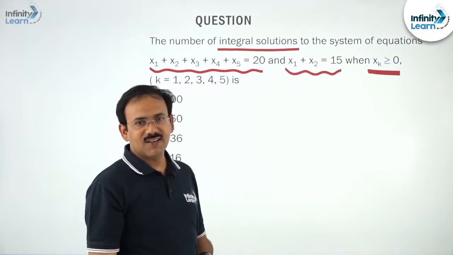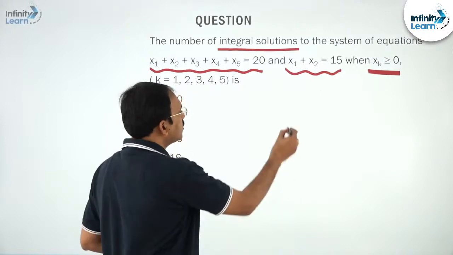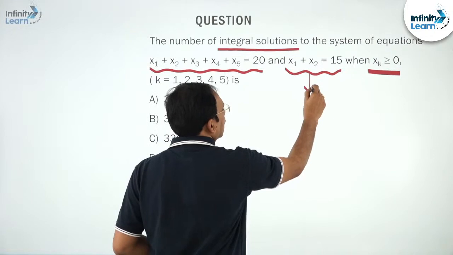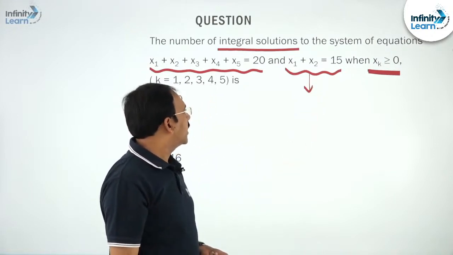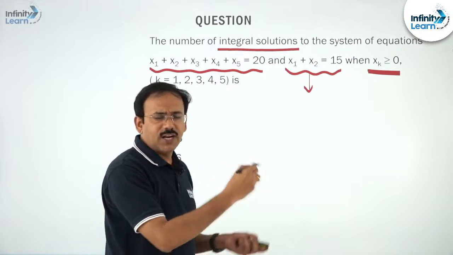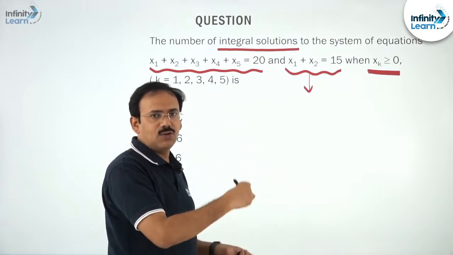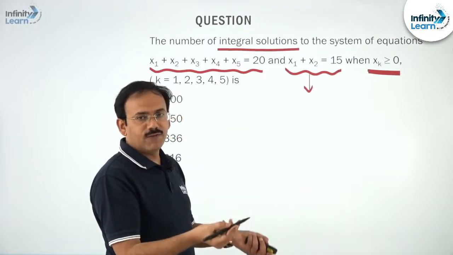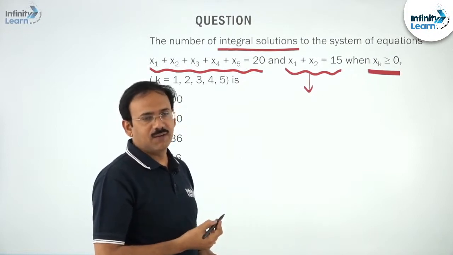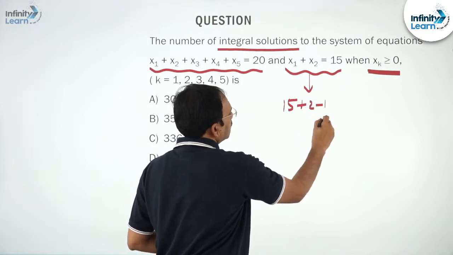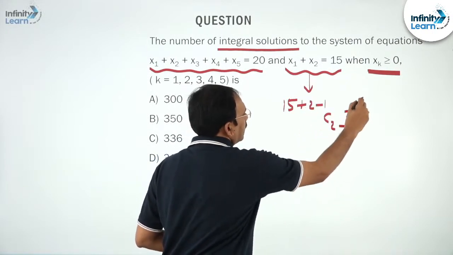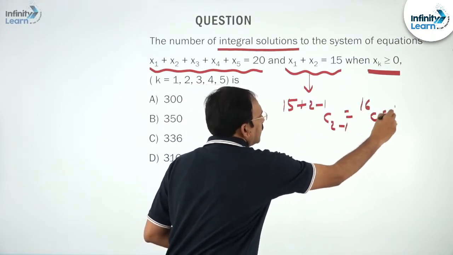Two conditions are there. Fine, you just write the number of non-negative integral solutions for this. In how many ways can you write x1 plus x2 equal to 15? You can write 0, 15; 1, 14; 2, 13; up to 15, 0. So 16 solutions will come, or else you can also write n plus r minus 1 C r minus 1, which is 16C1, which is 16.